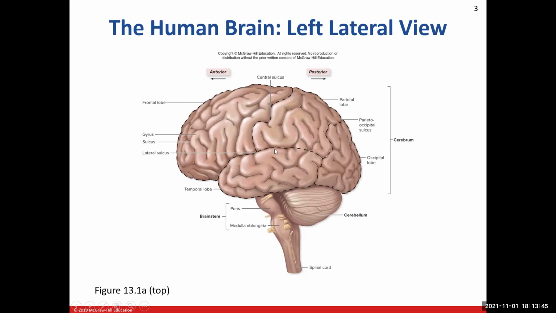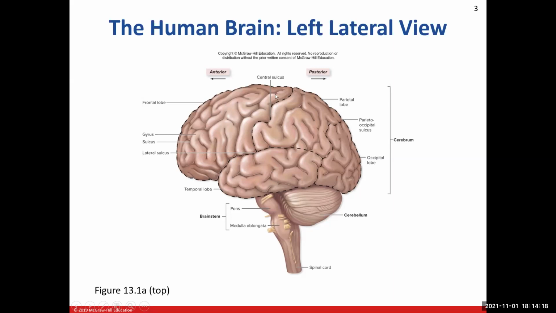Now, this is one of those things in which I've seen it termed lateral fissure and lateral sulcus. But when we get into the anatomy in the lab, you'll see it. Both terms are acceptable, okay? But I usually gravitate more towards the fissure because it is a deeper depression. You'll see that over here between the temporal lobe and then your parietal and frontal lobes. And we'll talk about all that.